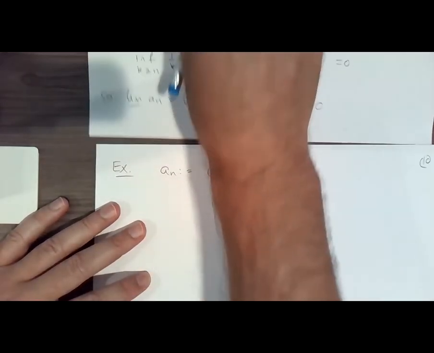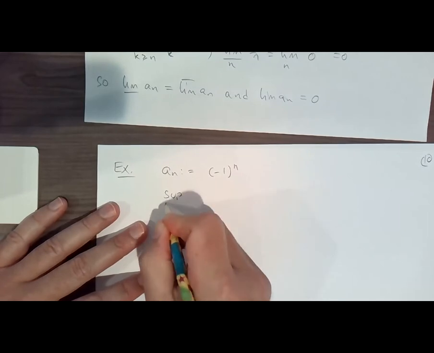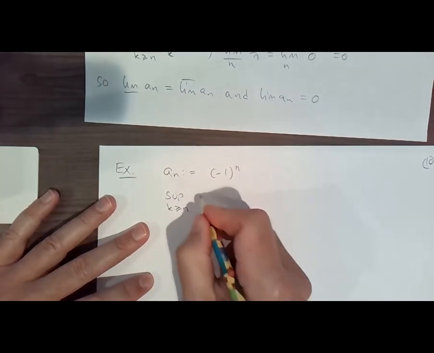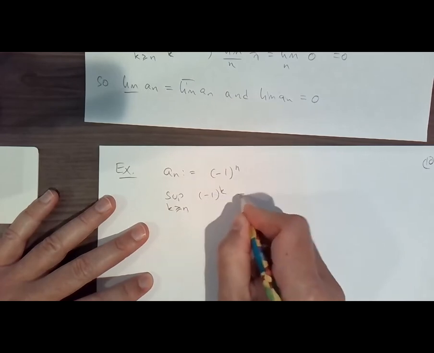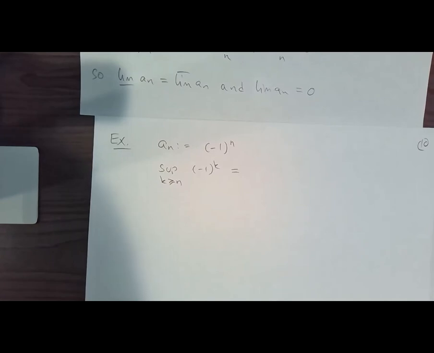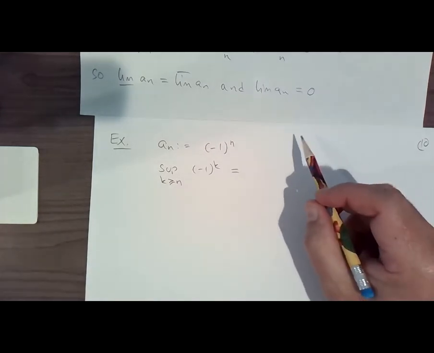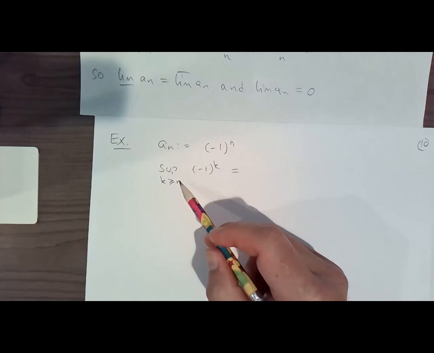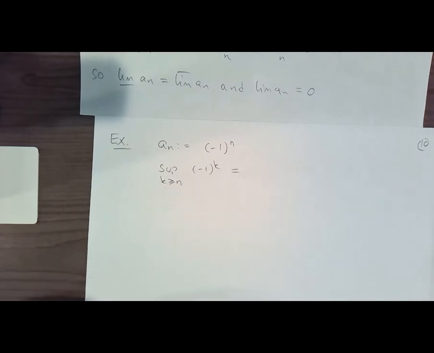The first order of business would be to compute the supremum, k bigger than n, of minus 1 to the power k. What will I get here? It depends on if n is odd or even. So n is arbitrary, k is something that is bigger than n.